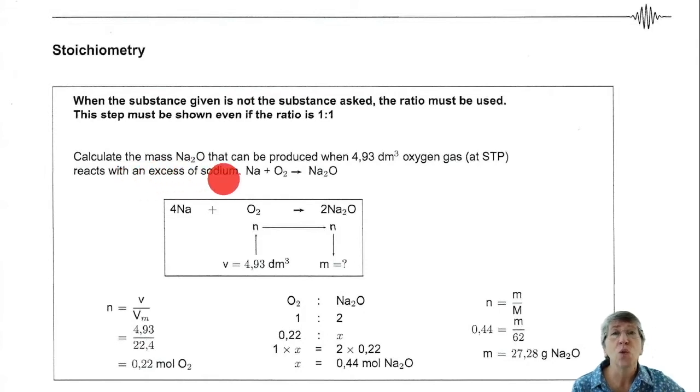So there they already told you you had an excess of sodium, and that told you you can ignore the sodium, right? We needed the sodium to balance that equation. But afterwards, when we knew sodium was in excess, we did not need to worry about sodium at all. We only worked with that oxygen that was the limiting agent there, that was going to react completely.